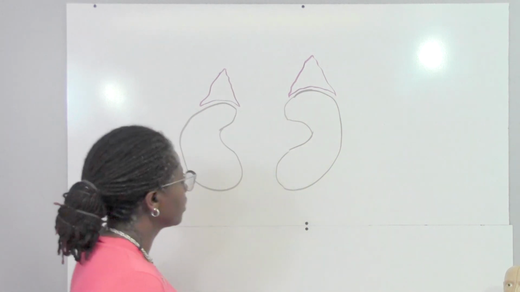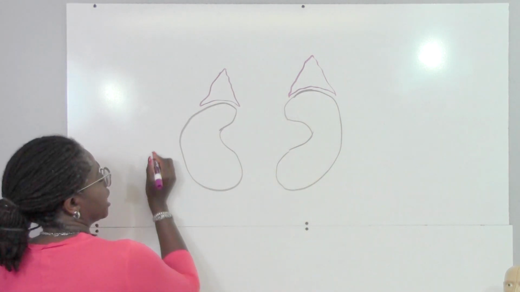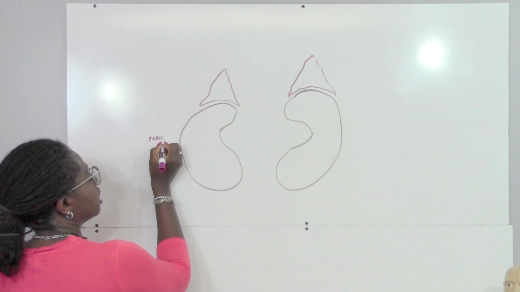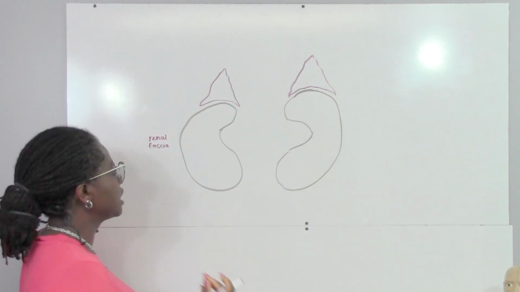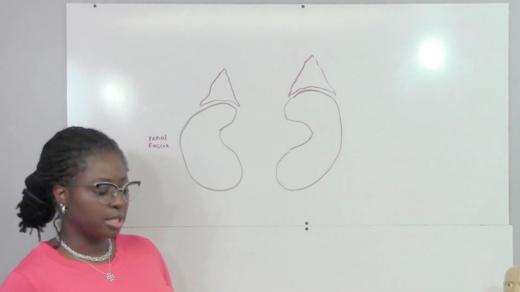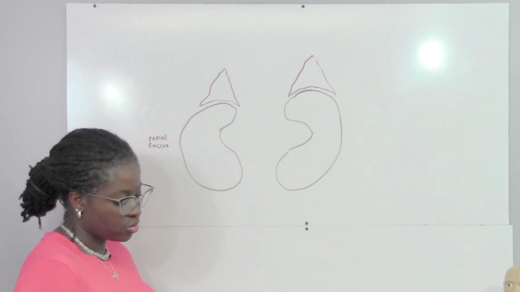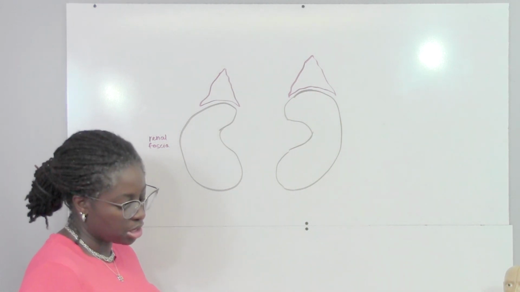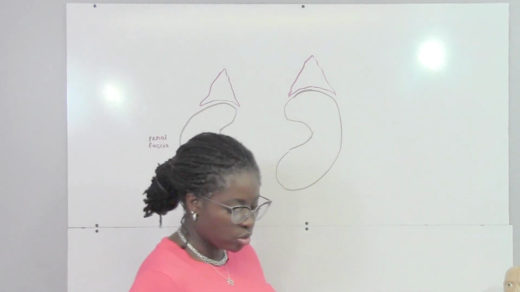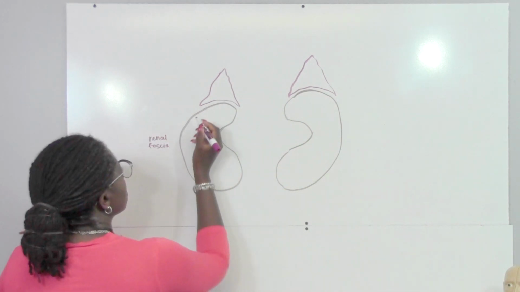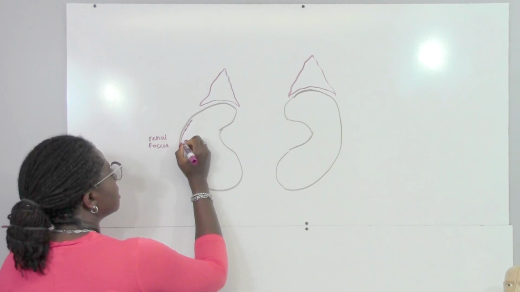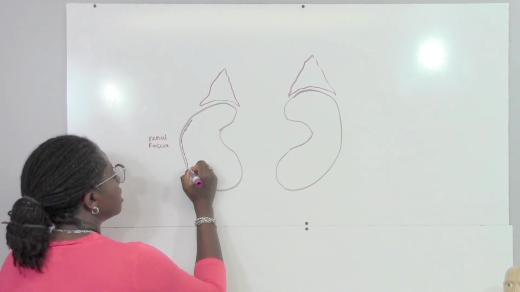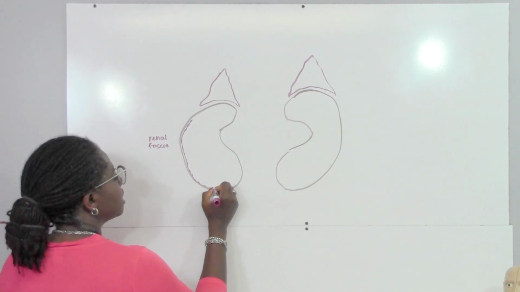The outermost layer of the kidney is called the renal fascia. We'll just say that that's the brown portion that's drawn here. This renal fascia is connective tissue covering around the kidney. Just deep to the renal fascia is the perirenal fat capsule. I'll draw that in here. That just means that there's fat all around the kidney, and the kidney is protected by that fat.